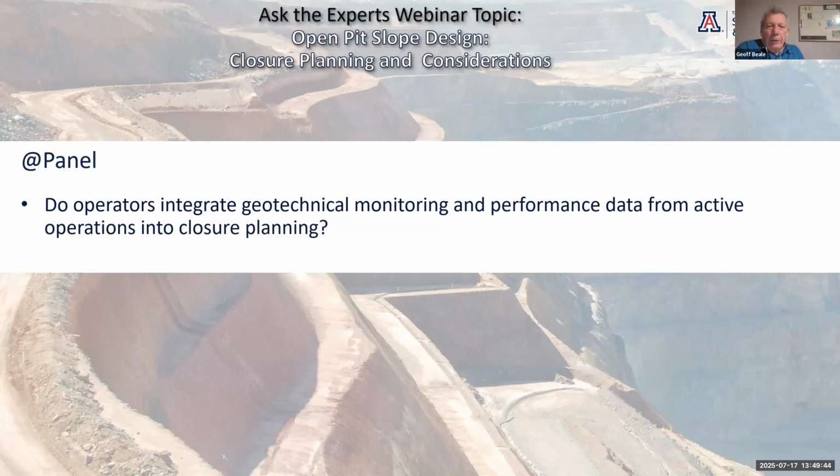So our geotechnical closure performance period was very short, but we had operated the pit for 15 or so years, so we knew exactly where the problem areas were, and we were able to manage those during closure.